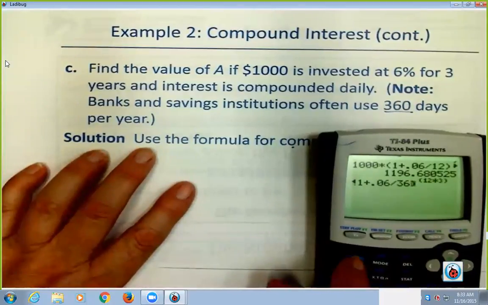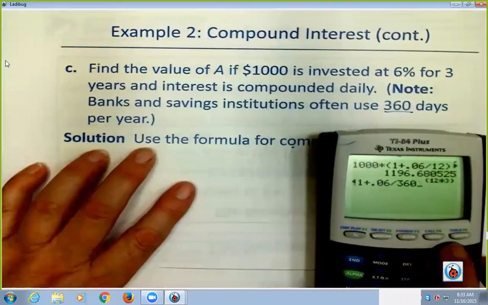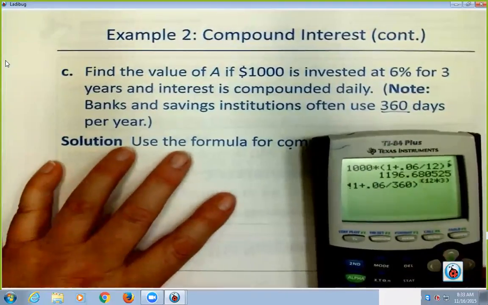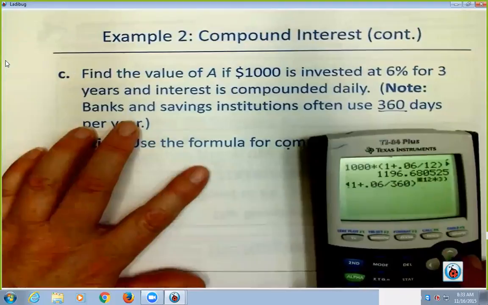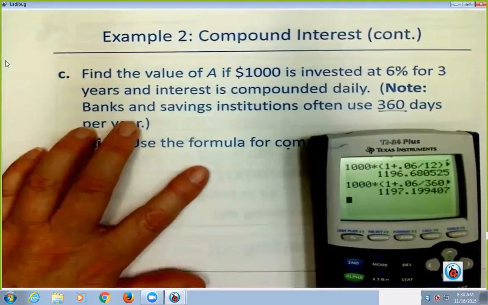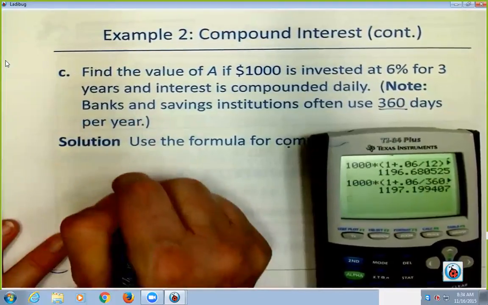And you want to go second insert to get your 0 in there. And then up above, we are going to change my n out here to 360, times 3. And we can hit that and come up with our answer there.